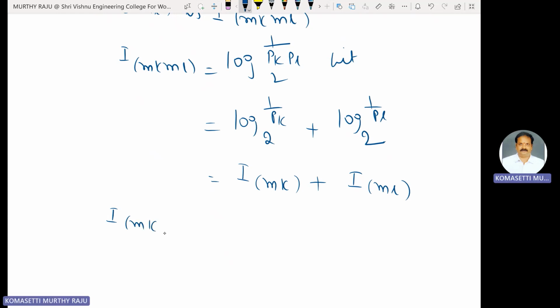This is I of M K, M of L, the composite message, equal to I of M K plus I of M L.